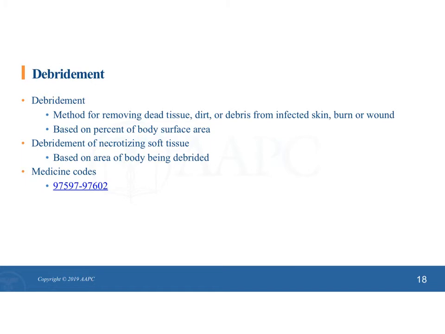Code 11004 to 11006 describe the debridement of necrotizing soft tissue infection. Your code selection is based on the area of the body being debrided. Note that code 11004 contains the common portion and is carried over to be part of the description of codes 11005 and 11006.